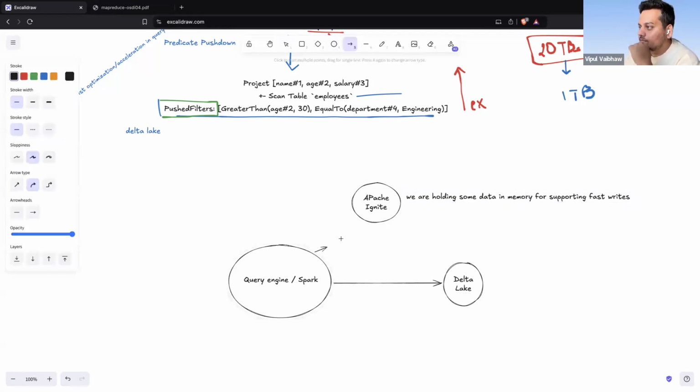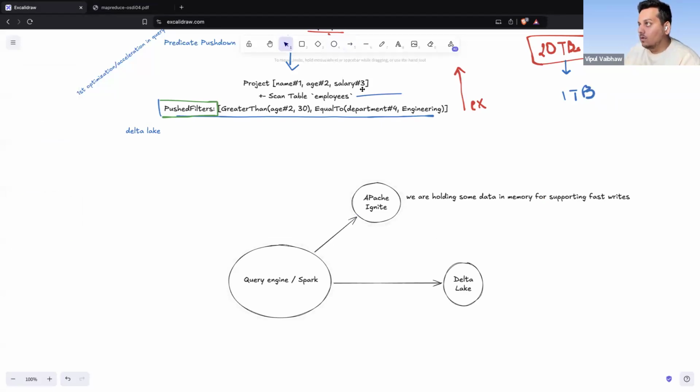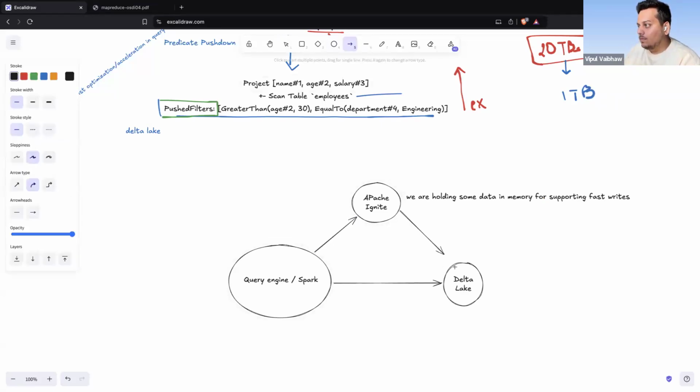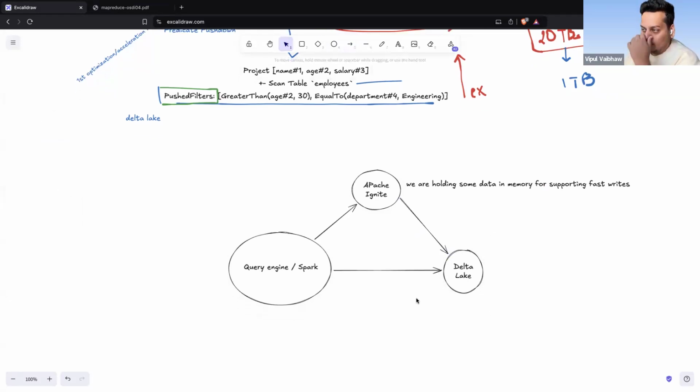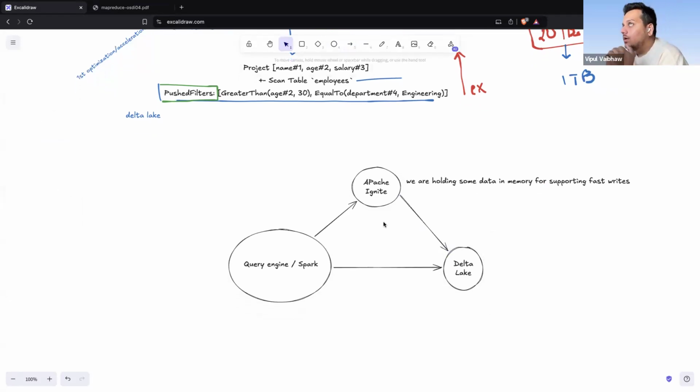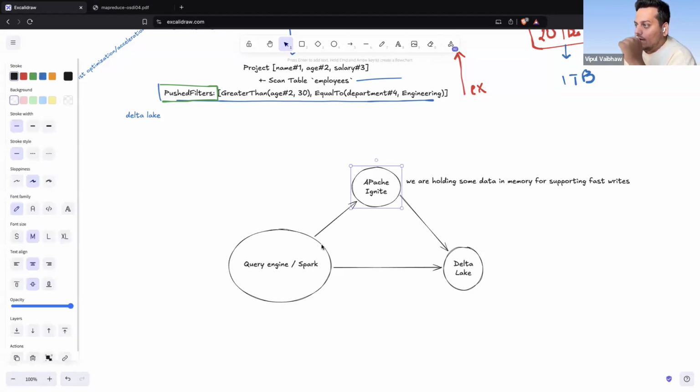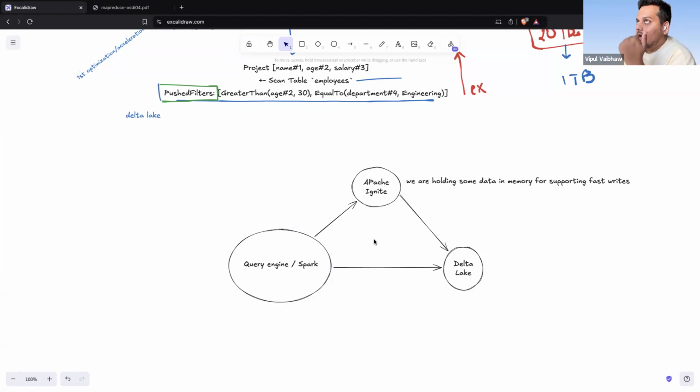So there can be a possibility that when Spark talks to Delta Lake or when Spark talks to Ignite, we need to be sure that we are efficiently looking for where the tables are.